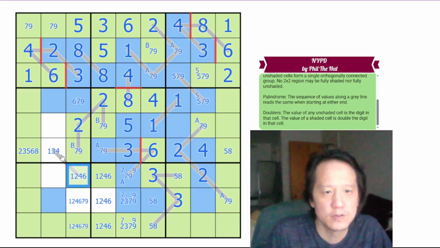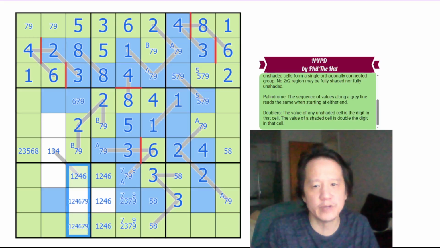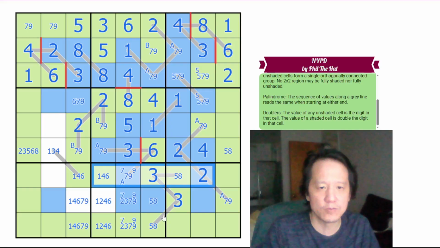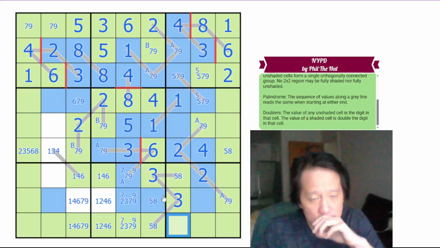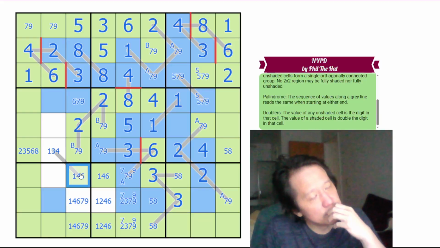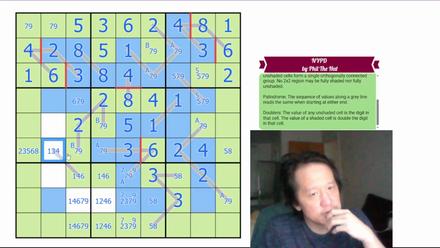Okay, so this can't be 2 remaining in column 1, or column 3. Can't be 2 here because of the 2 in the row. So this is single. So it could be single here.